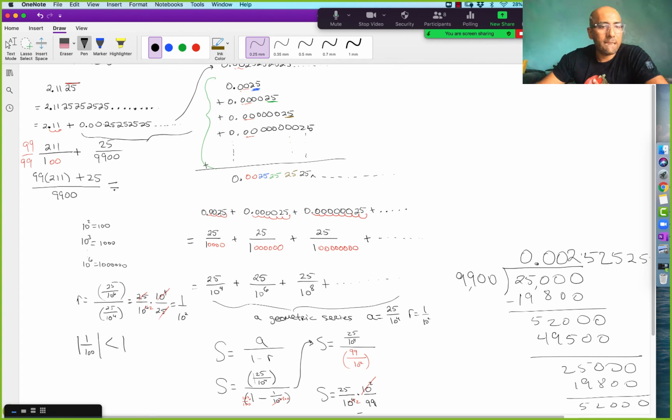And then if we just simplify that with our calculator, 99 times 211 plus 25, I get 20,914 divided by 9,900. So here is a fraction such that if I divide it, I will get this infinite repeating decimal.